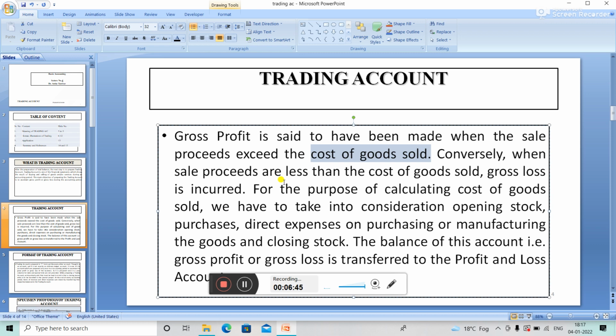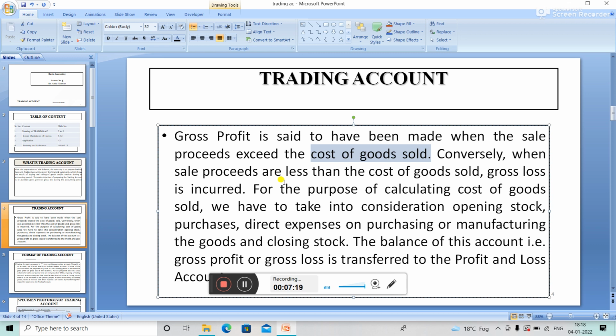Now, apart from this, I want to tell you that the trading account will involve all the information related with what kind of accounts we are going to involve in the trading account. When we were talking about personal account, real account, or nominal account, in the nominal account there are two kinds of expenses or income we are going to involve, that is direct expenses and indirect expenses.